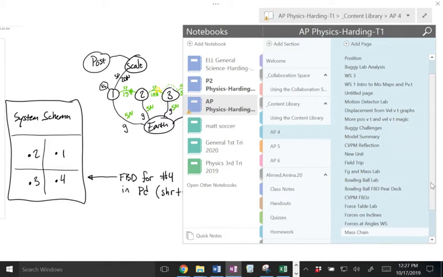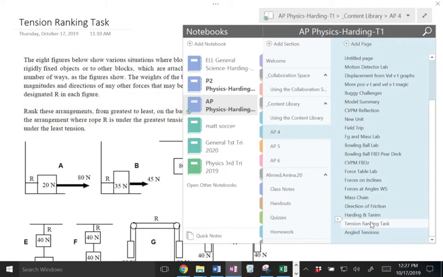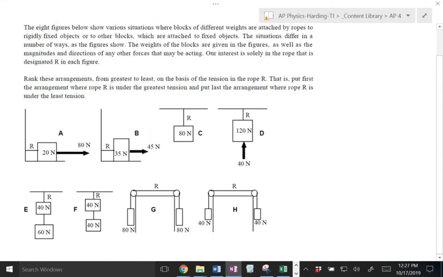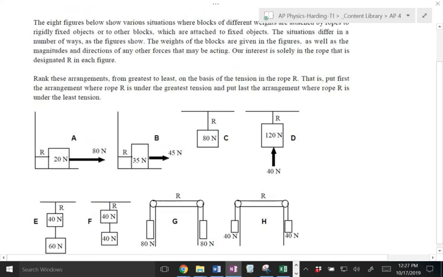And then the last thing I'm going to ask you to look at today is this ranking task. Okay? Let me explain what's going on in this thing. So there are 8 figures, A through H, and in these 8 figures are various strings. They're connected to fixed objects like walls or ceilings, or in some cases, I want to break your Chromebook. In some cases, they are connected to other objects via strings.